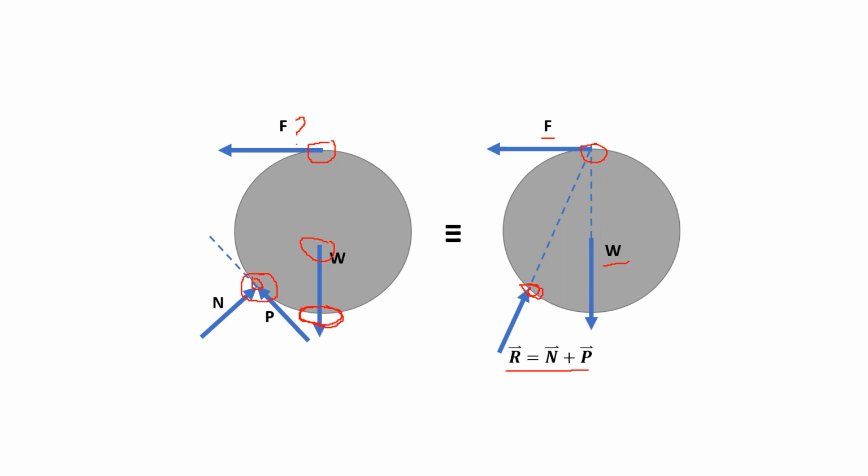The resultant of N and P is R. But the magnitude is not N plus P is equal to R. Take note, we have the vector notation here. So the resultant of N and P is directed along this line of action, the connection of the point of application of the force and the intersection of F and W. So what happened was, initially we have 3 unknowns, N, P, and F. But now, we only have F and R. We reduced N and P to 1 unknown with a known line of action.